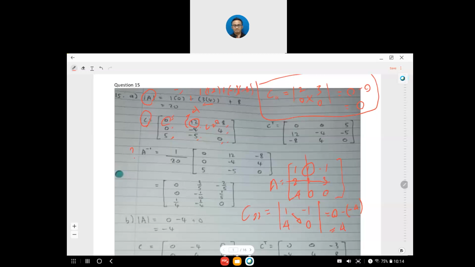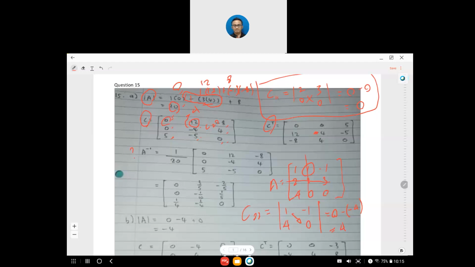So this one is 0, this one you get 12, this one you get 8, that's why you get 20. 20 is correct, but how you get this I don't know, because you put it here as negative. The determinant is correctly 20, but your calculation is wrong. When you find the cofactor transpose, supposedly this one is positive 4.